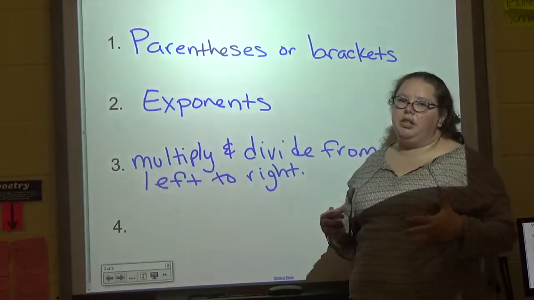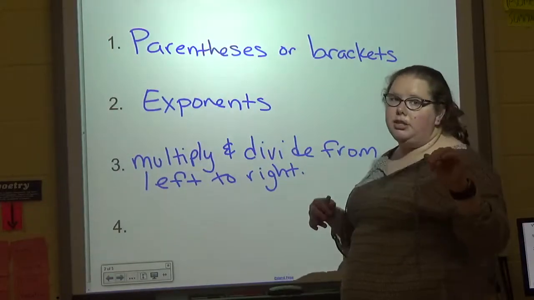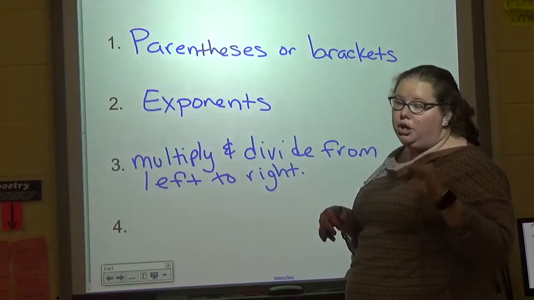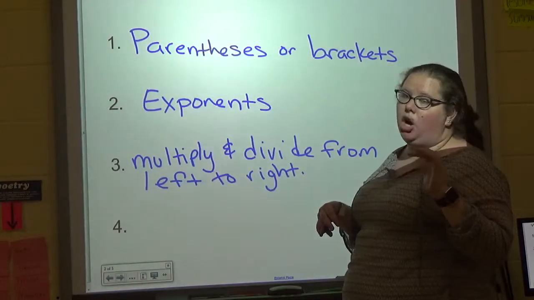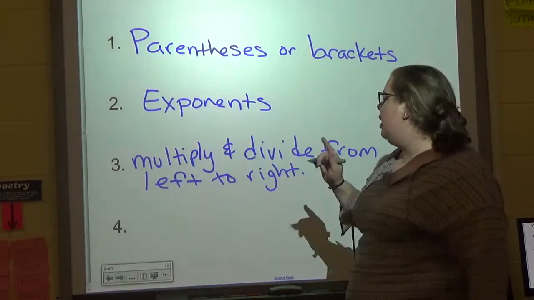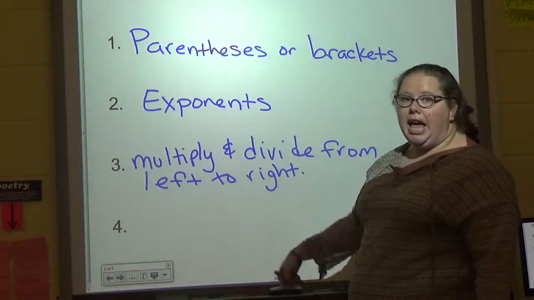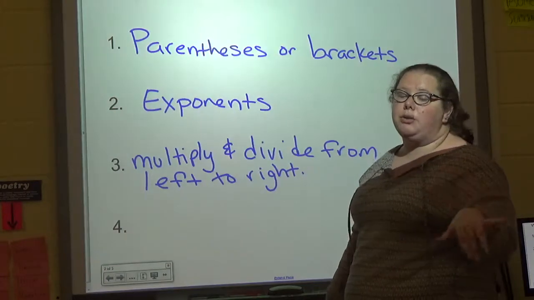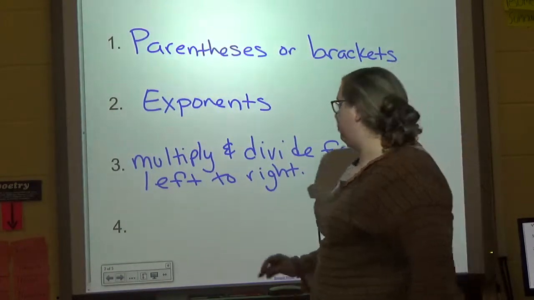So if you see division first, it's okay to do the division first. It's not always multiplication before division. And the same is true for adding and subtracting. Those also go from left to right.